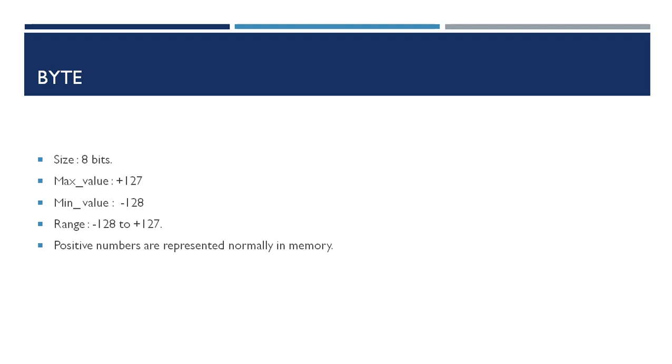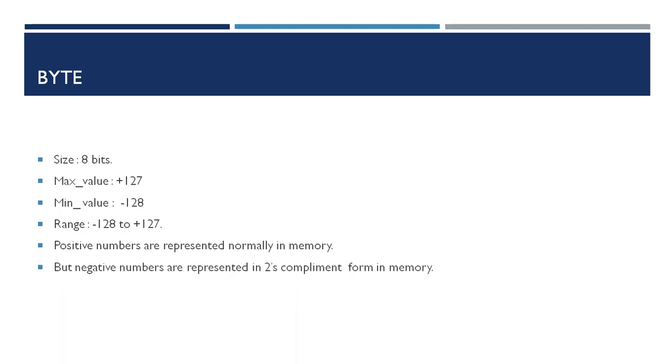Byte data type, like other integral data types, works like this: if the number is positive, it is represented directly in binary format in the computer.